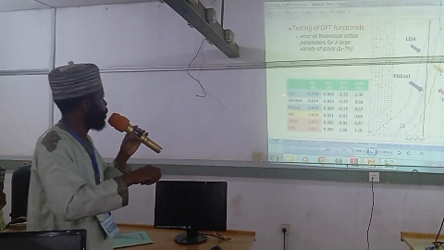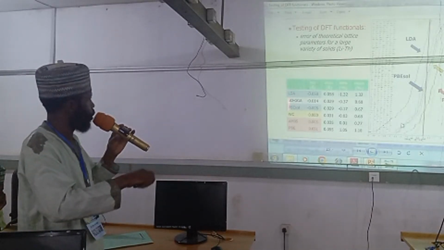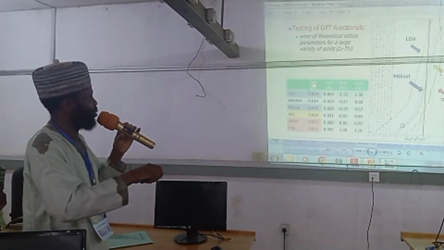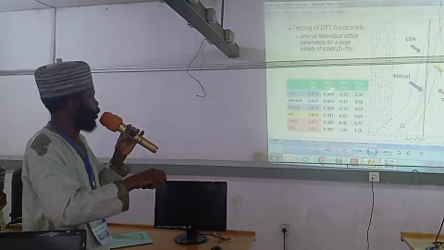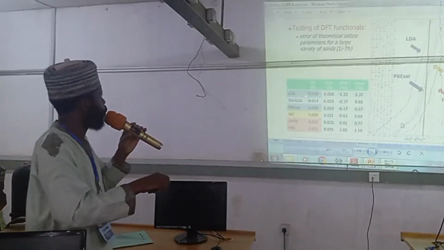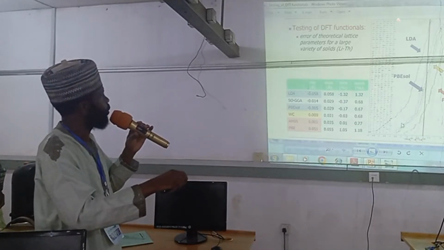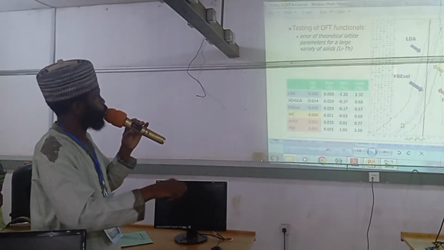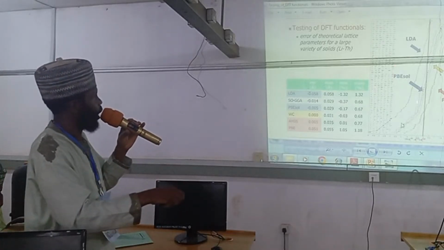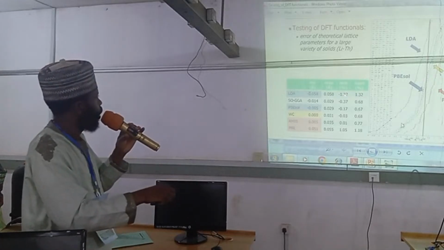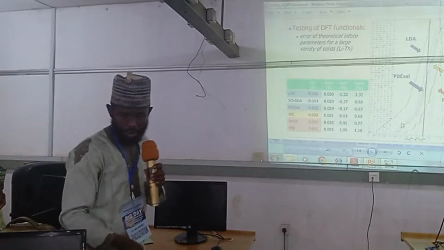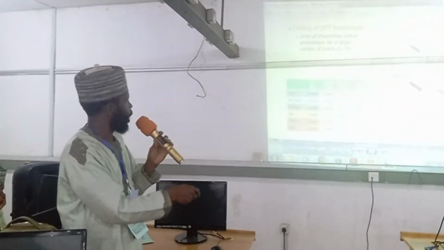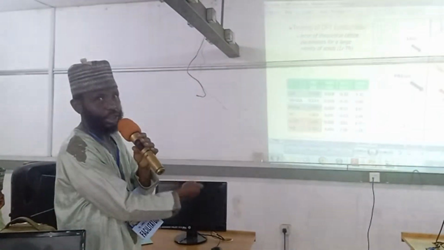You can see these are different levels: LDA, ME is mean error, MAE is mean absolute error. You can see the graph, the elements, the functionals, the margin, and the error bars. I think I have the link for this application. You can check it.